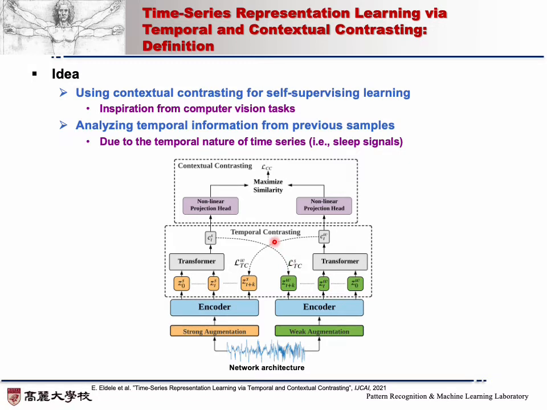As you can see here, this comparison uses temporal loss. I'll talk about it later. And the two representations are compared between each other here for contextual contrasting. Now I'll explain all three parts separately.